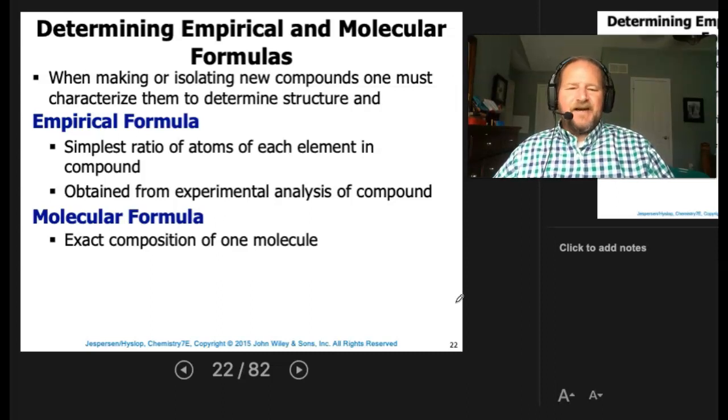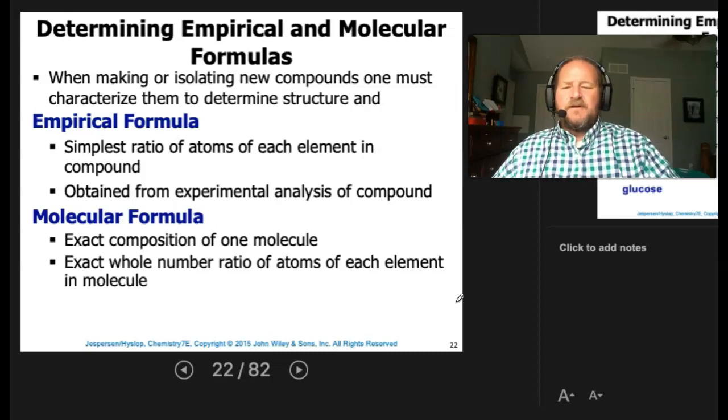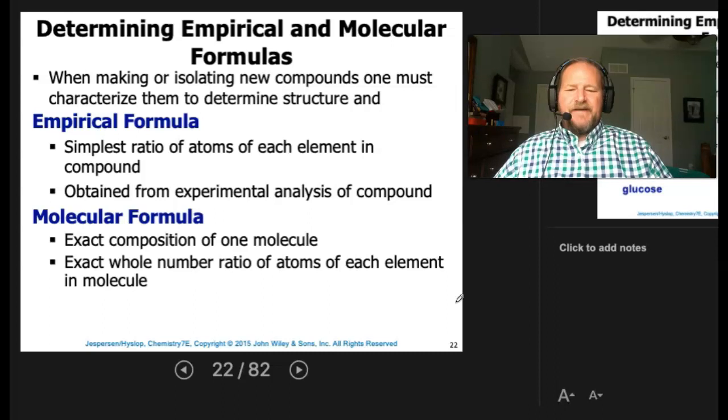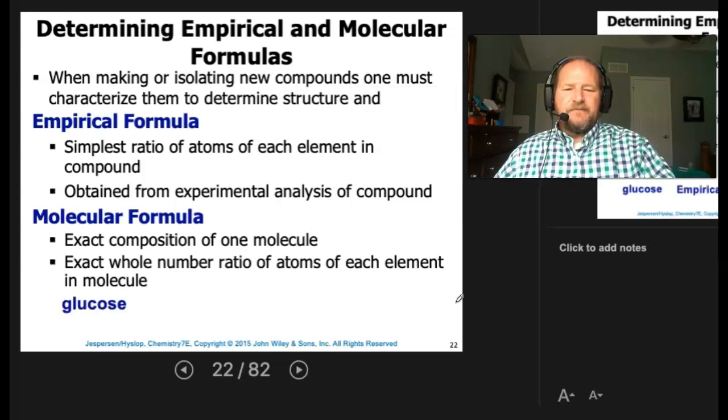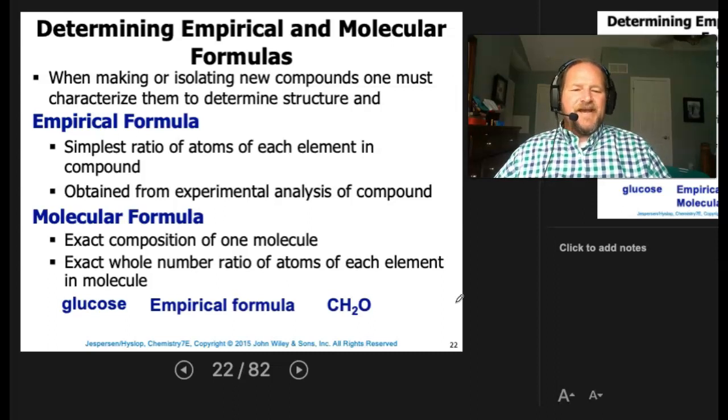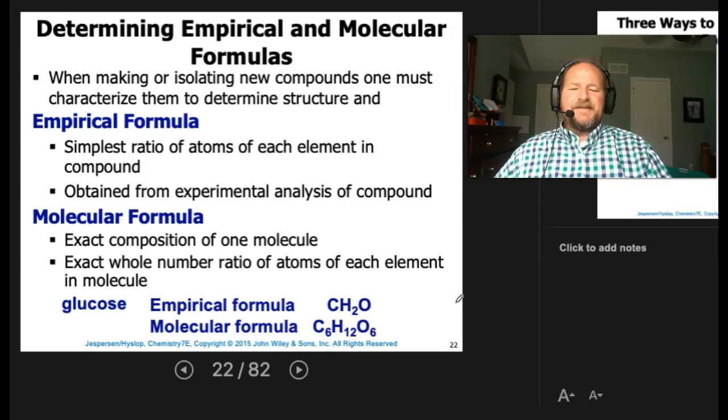It's always the least common multiple. The molecular formula is the exact whole number ratio of atoms of each element in the molecule. So for instance, glucose, the empirical formula is CH2O, but its molecular formula is C6H12O6. So you can see how that reduces down to the lowest common multiple.